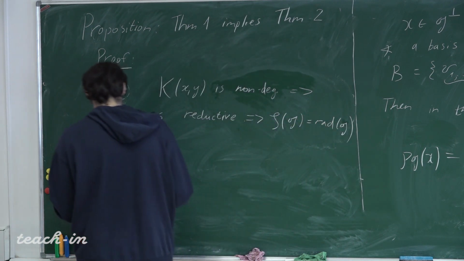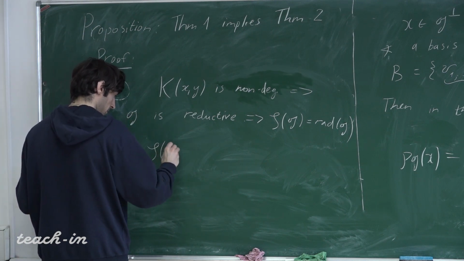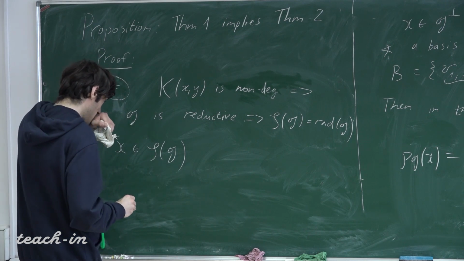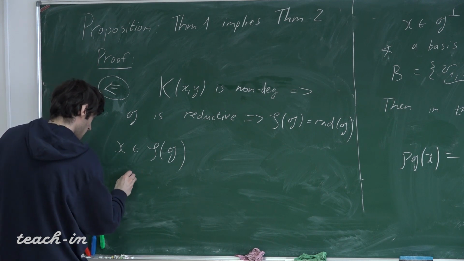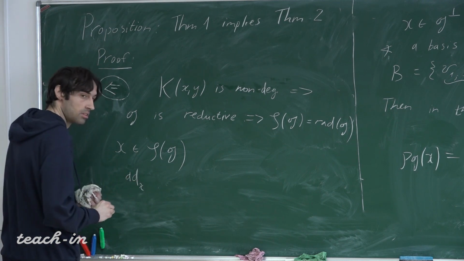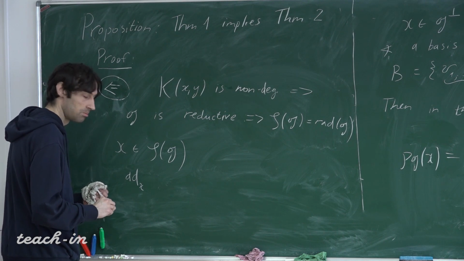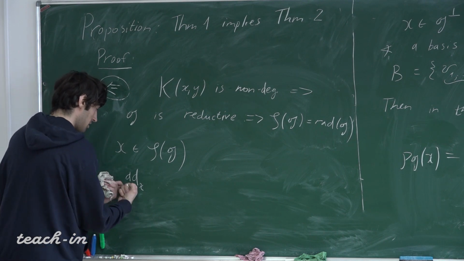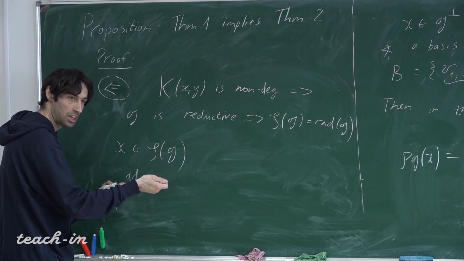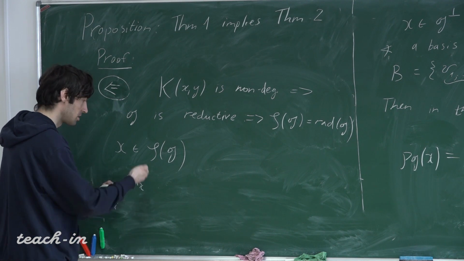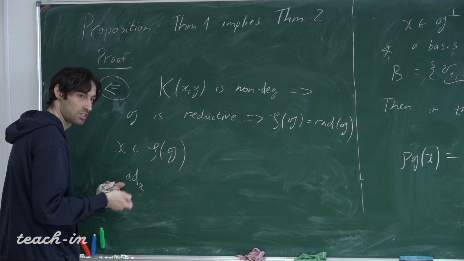So let me take something from the center. Then ad x is just the 0 matrix, right? Because this is a linear transformation of G such that I take a commutator, a Lie bracket with x. Since x is in the center, the Lie bracket with everything is just 0.